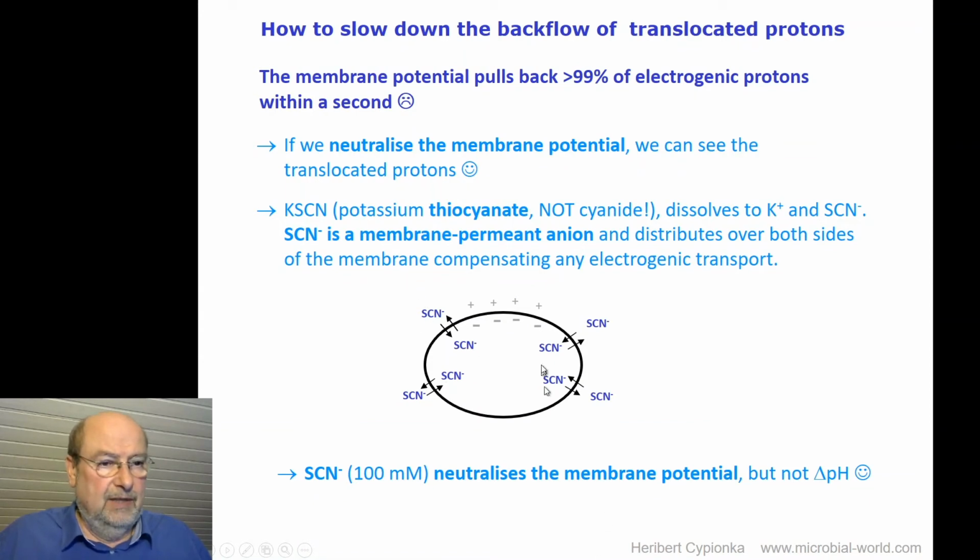And then it's everywhere. And when there is now an electrogenic process going on at the membrane, some of the SCN minus will cross the membrane and compensate for that. That means the membrane potential is not existing anymore, but the delta pH is still there.